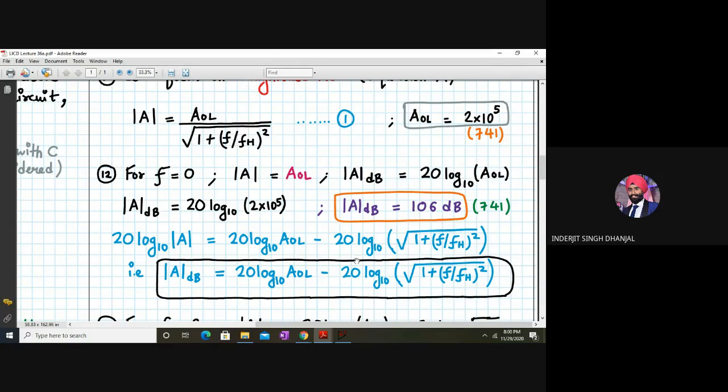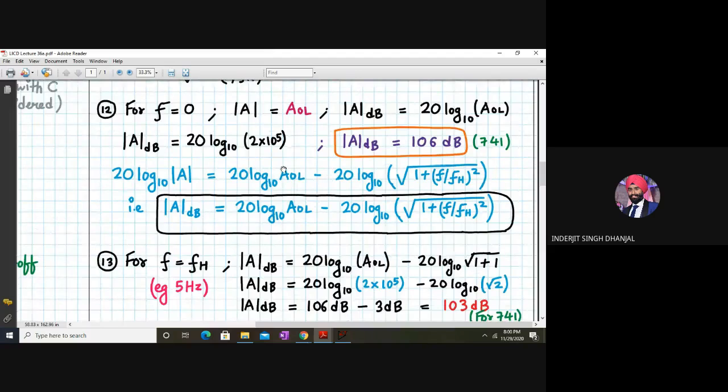So we got finally one master equation: mod of A in dB is 20 log to the base 10 AOL minus 20 log to the base 10 square root of 1 plus (f upon fh) the whole square. Okay. Now slowly we'll find the other values.